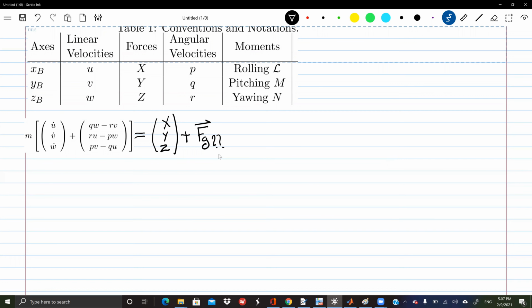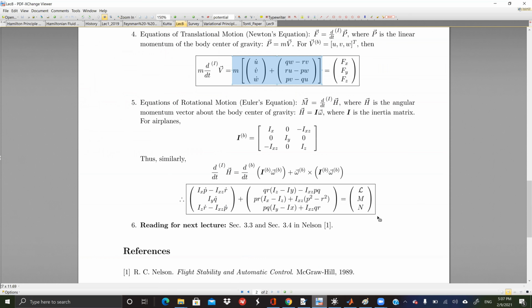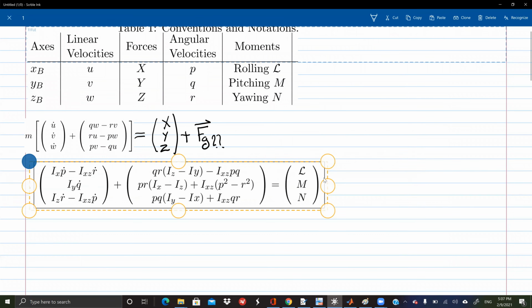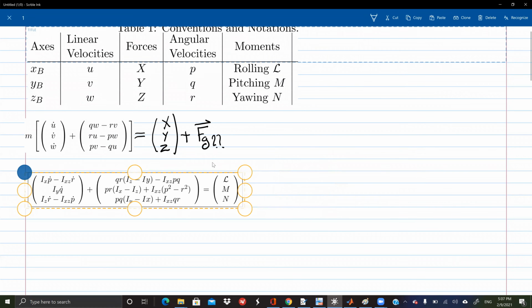It's known as magnitude, mg, right? We're gonna talk about this in a minute. Actually, this is the topic of today. And also we have the moment equations. So 3 equations for the forces, translational motion, and 3 equations for the moment, rotational motion.